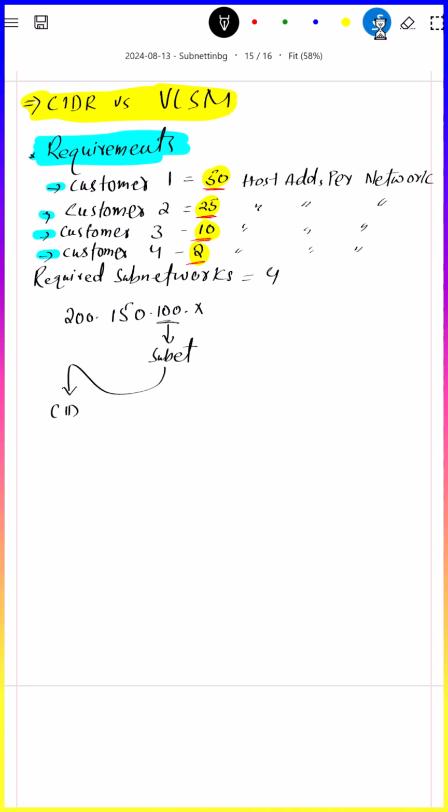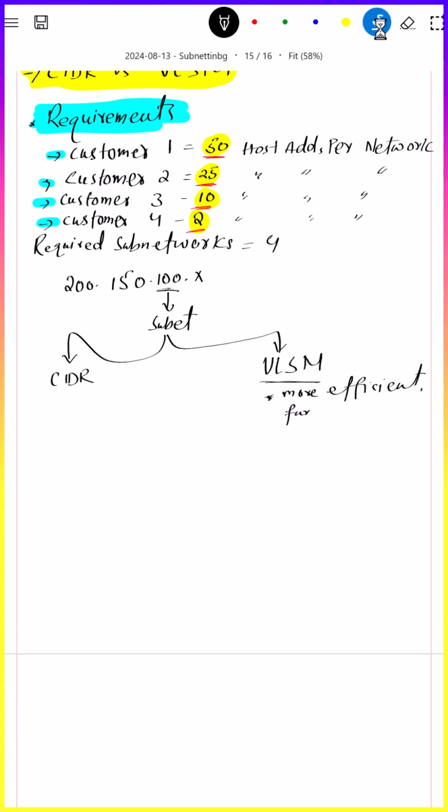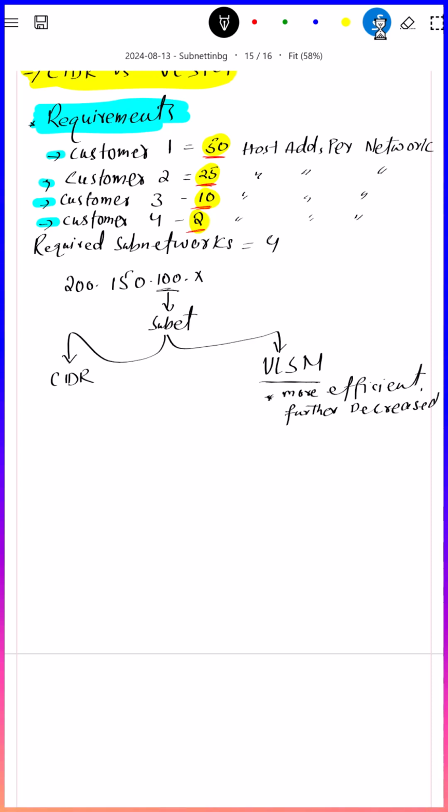There are two methods, CIDR and VLSM. CIDR and VLSM are both used for the same purpose, but VLSM is more efficient. More efficient means what? It further decreases the wastage of host addresses per network.